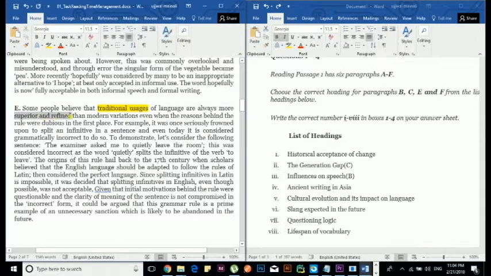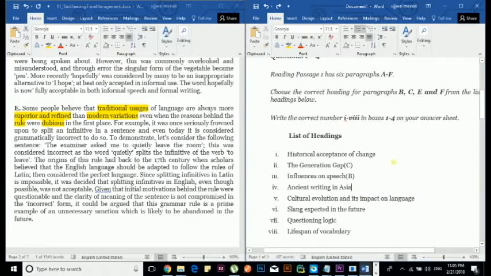Traditional use being superior and refined, modern variation, and the rules being dubious. So these are the keywords here. Traditional uses of a language being more superior than the modern variations, and the rules for these variations being dubious.